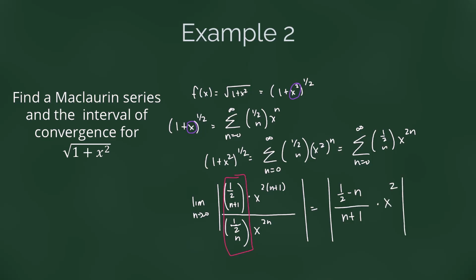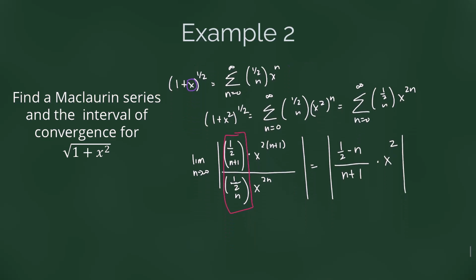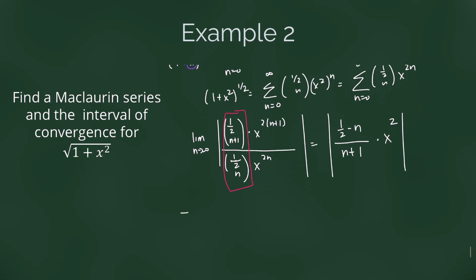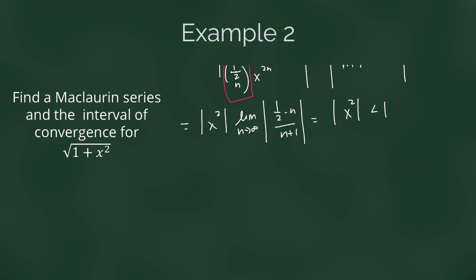And we can see that this is actually the absolute value of x squared times the limit as n goes to infinity of the absolute value of (1/2 minus n) over (n plus 1), which is 1. So we get the absolute value of x squared, which is less than 1. And so we know that our interval is -1 to 1.